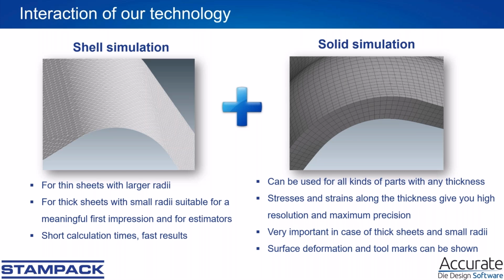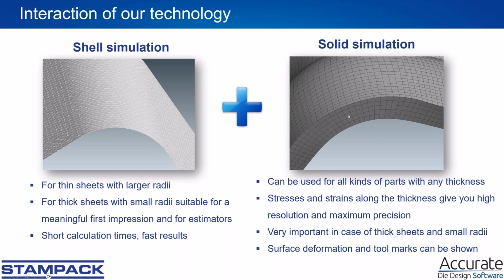And also, the quality of results is really good when you have thin sheets with larger radiuses, and also for thicker sheets, then still it's a meaningful good first impression, so you can judge, for example, very well about feasibility.